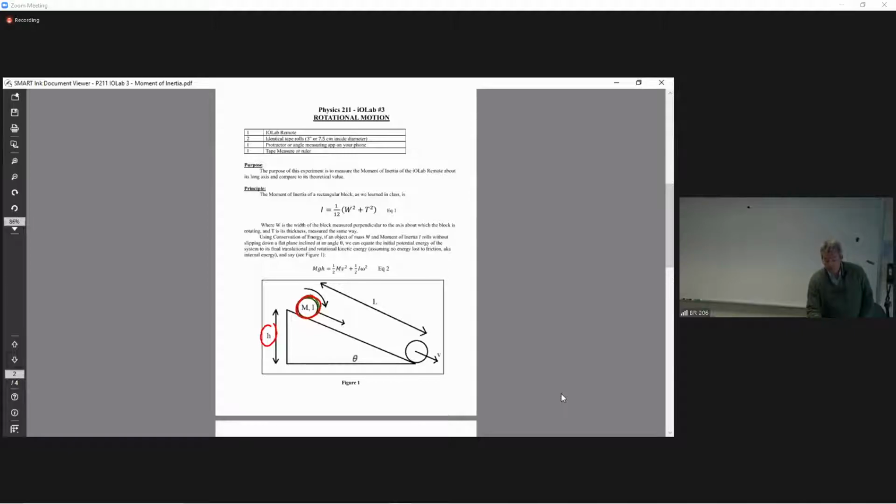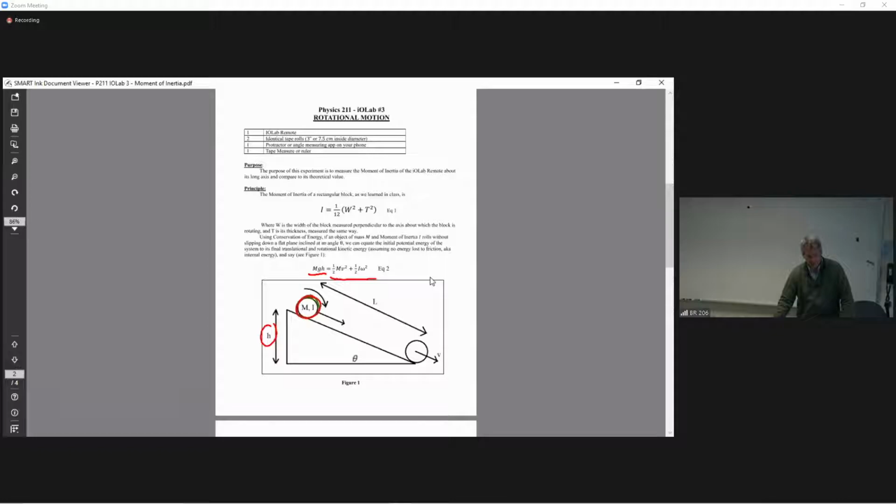In other words, mgh, the initial potential energy, is equal to the final kinetic energy, which is the sum of the translational plus rotational kinetic energy of that iOLab combo.